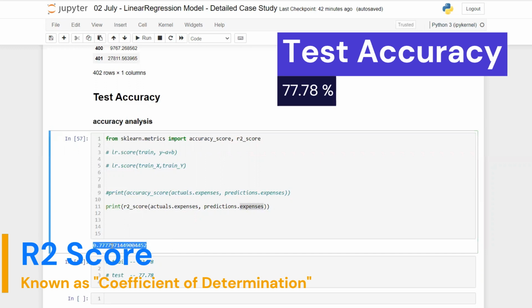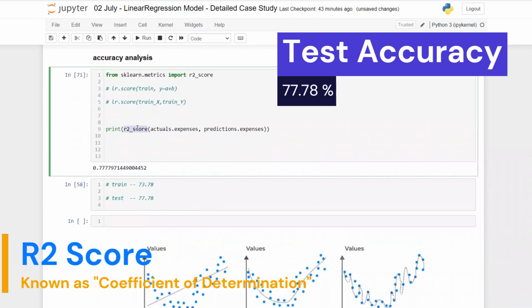Okay. So what we are doing here is calculating the testing accuracy by using some functions from the metrics package. We need to pass it the actual target from the test data and the predicted values from the test data. And this is the 77% accuracy. So this is the R2 score that you are getting.